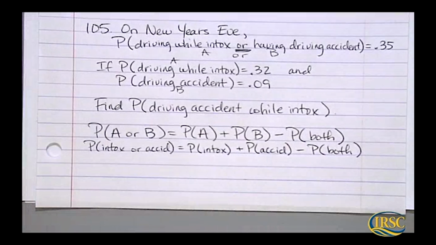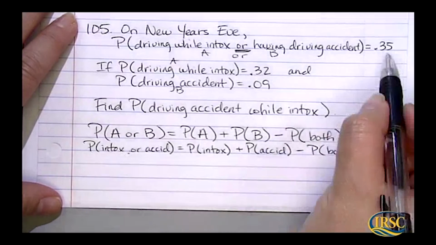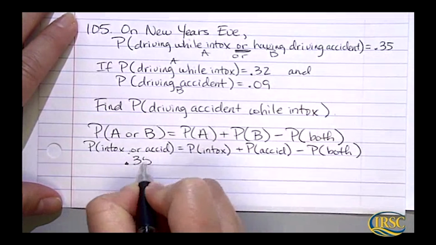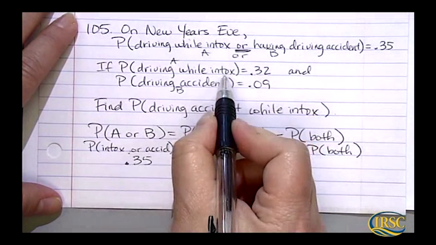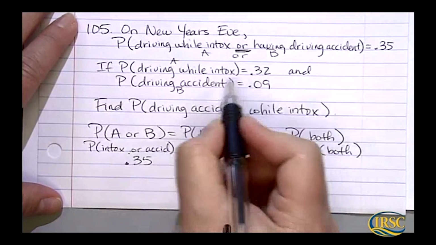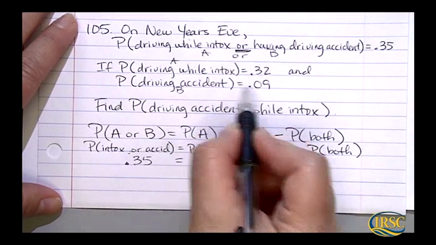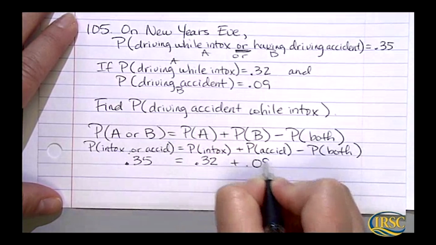So now that we've translated the formula, we can fill in the numbers that they've given us. The only difference is this time we know this answer already. We know the or. So the or was 0.35. Just being intoxicated while driving is 0.32. And just having an accident, not intoxicated, just an accident, is 0.09.